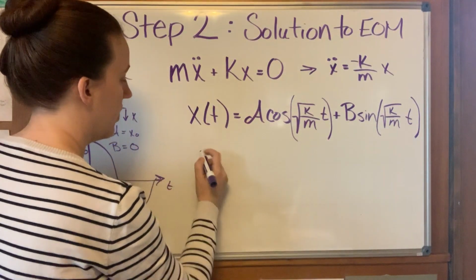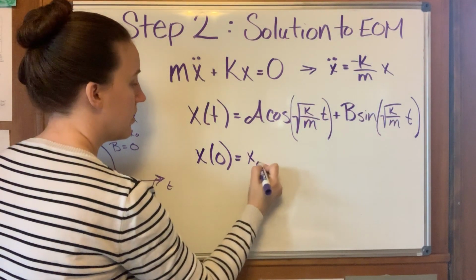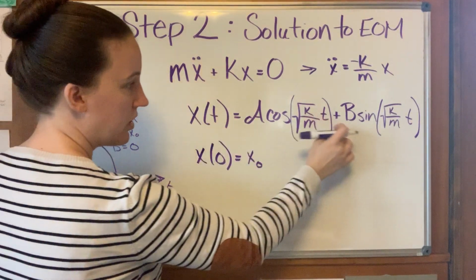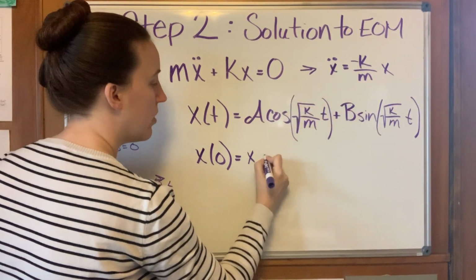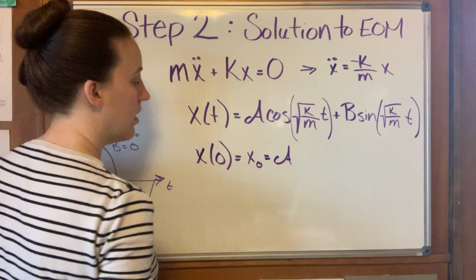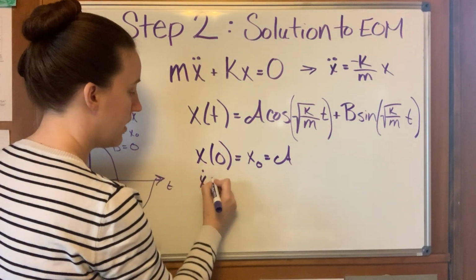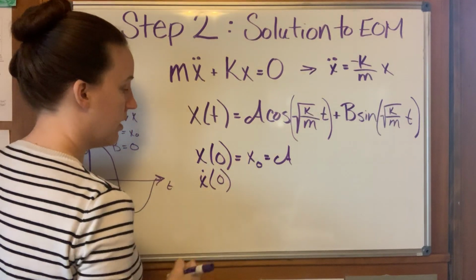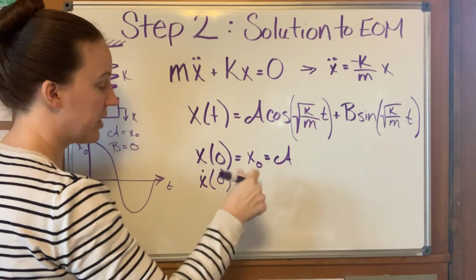So if you know that x of 0 equals x0, then when you put 0 in for the sine, this term goes away, and then this term goes to 1, so that equals a. And x dot of 0 equals, so this would be the speed at the beginning when you let go.